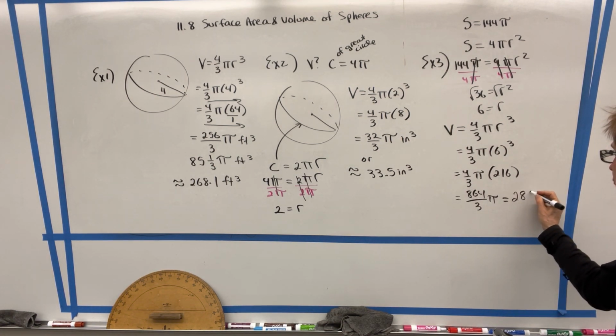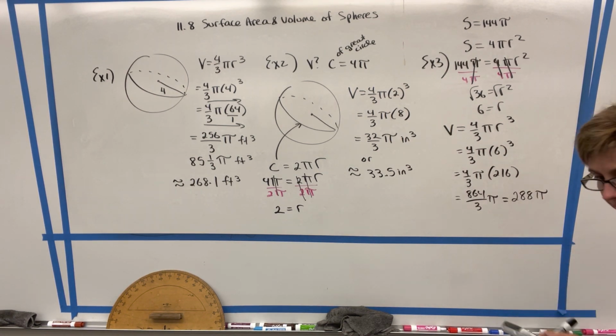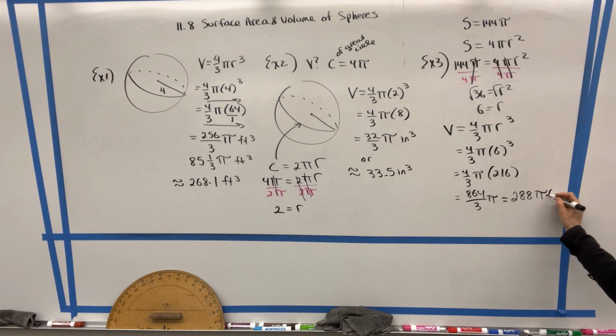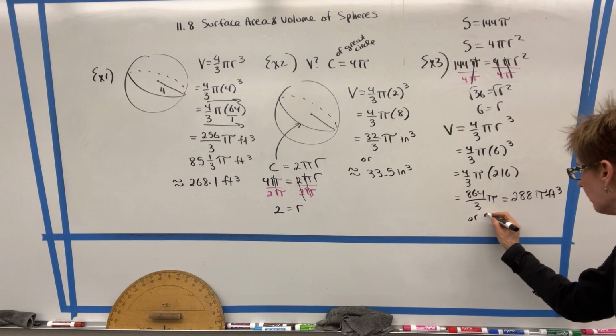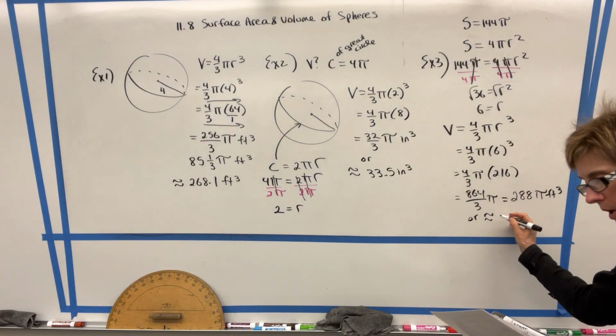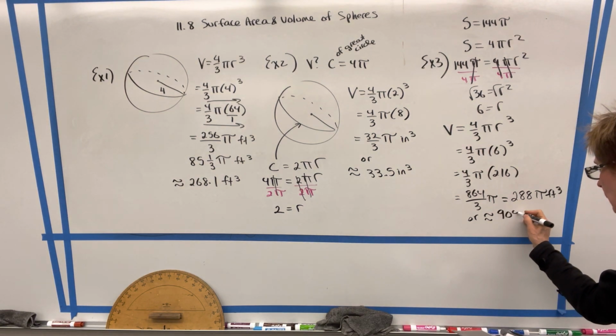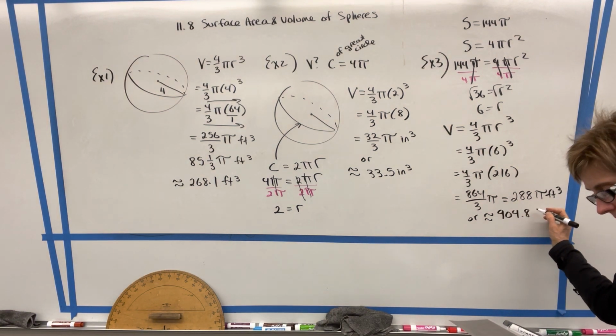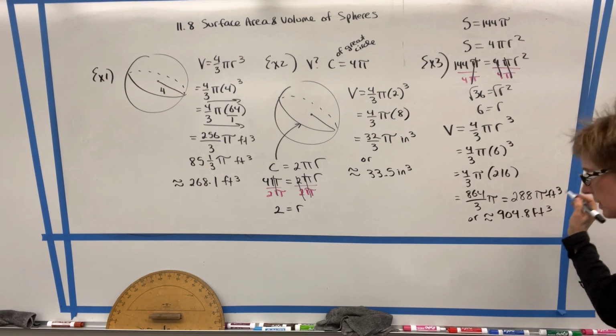So this becomes 288 pi. If I want to, and again, if this is in feet, I would say, for instance, feet cubed. If I want to take that 288 times pi using the pi button on my calculator, I'm going to get, or approximately equal to, 904.8 feet cubed.